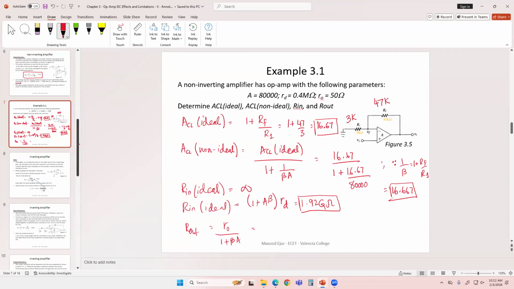A is 800,000 and beta is 1 over 16.667. How much? 0.01 ohms, or what, that's 100 milliohm, 10 milliohm, right? 10 milliohm. So once again, very small value. So an assumption of 0 as the output resistance for the circuit is perfectly fine.